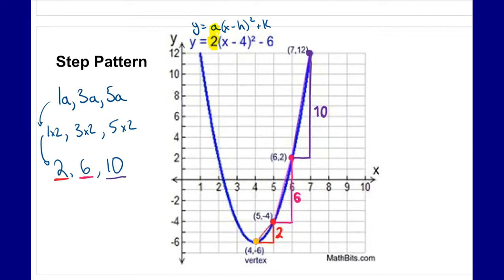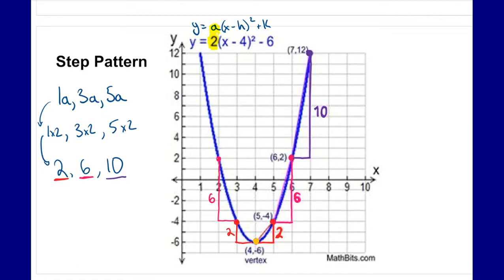It doesn't matter which way we go, because I can go in the left direction over 1, up 1a, which would be 2, and I have an exact mirror on the other side. I go over 1 again and up 6, or 3a.